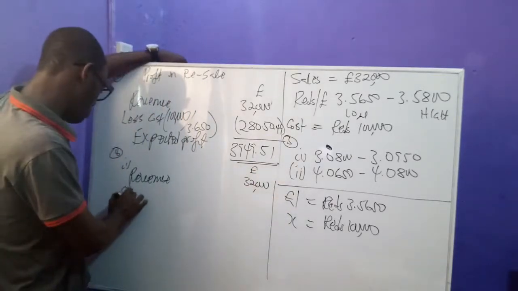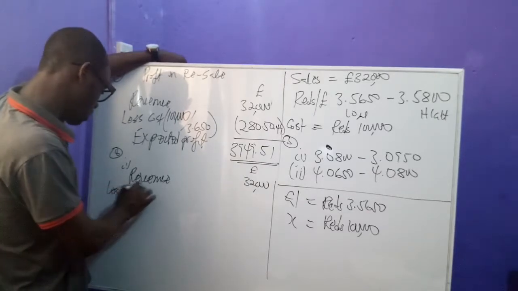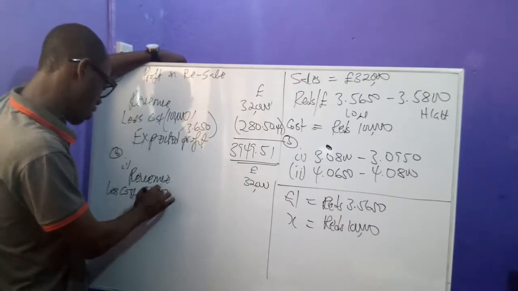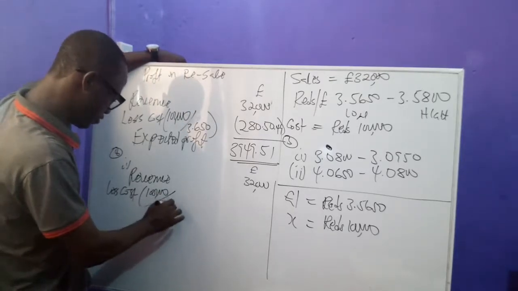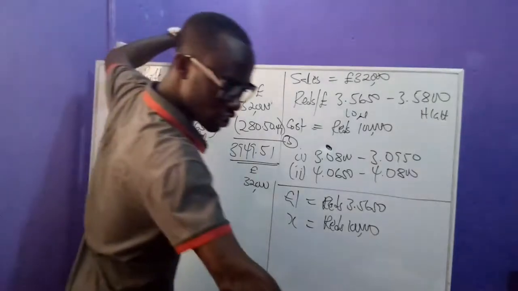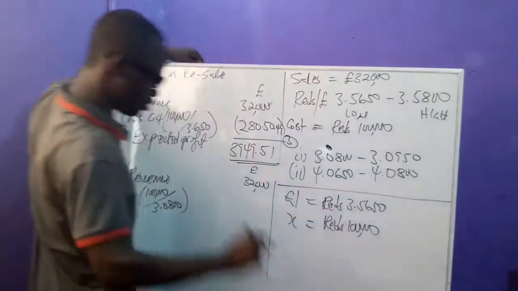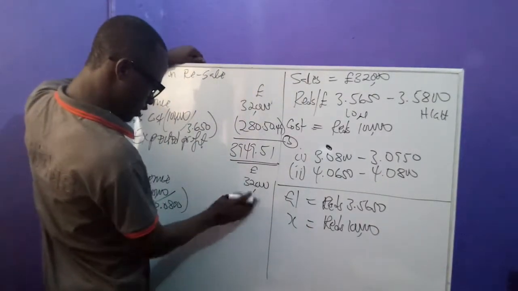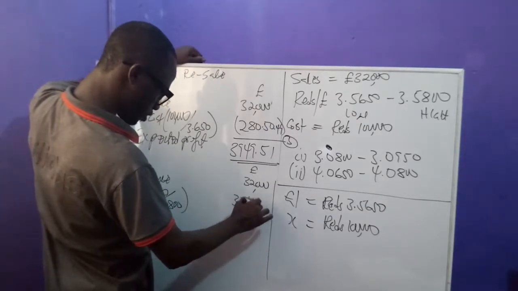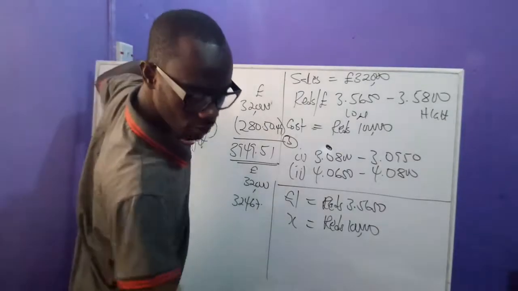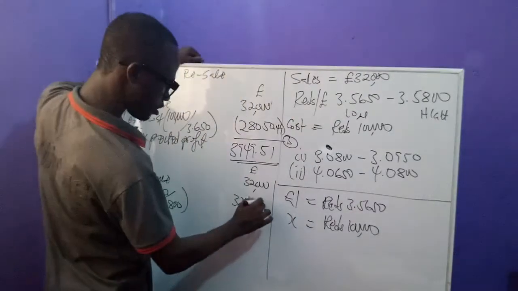But the cost will now be 100,000 divided by 3.0800, and that should give us an answer of 32,467.53.